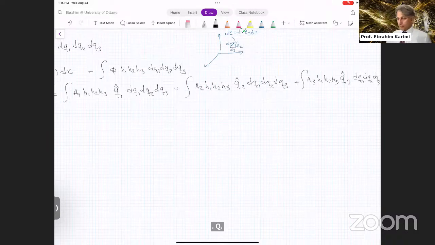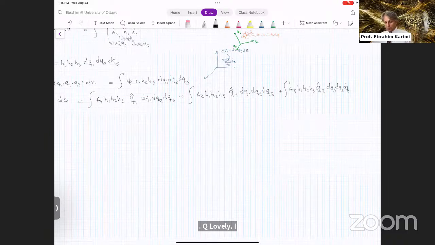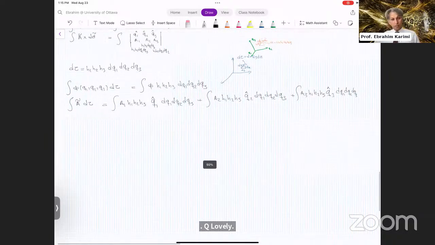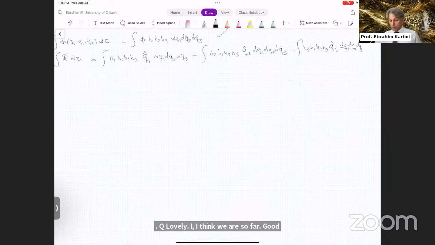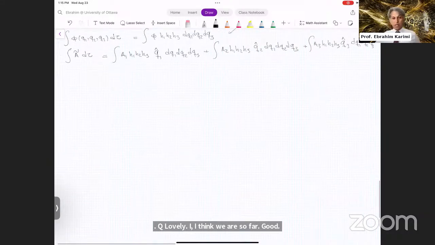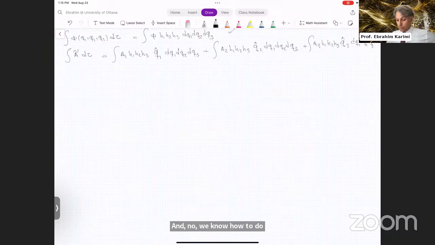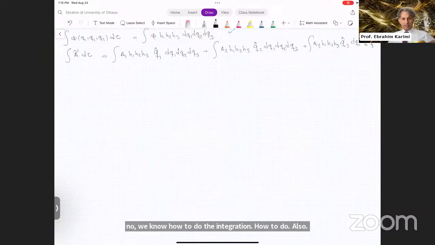Lovely. I think we are good so far, and now we know how to do the integration not only on a line but also on a surface in these general coordinates, and also on a volume.